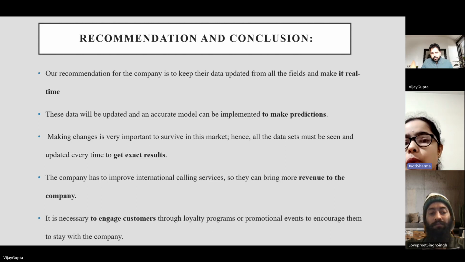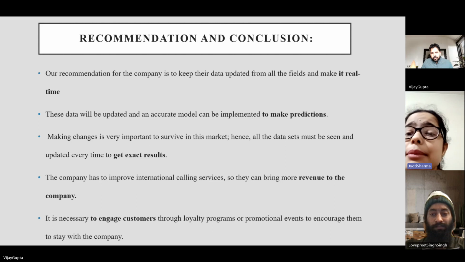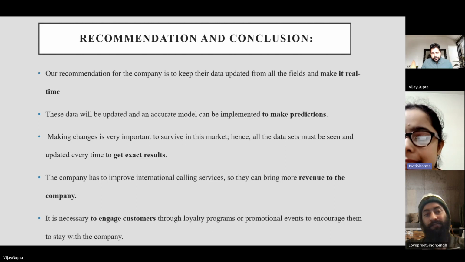As we all know, change is happening day by day, so it is important for a company to make changes in this market to survive. Hence all the data sets must be seen and updated every time to get exact results.